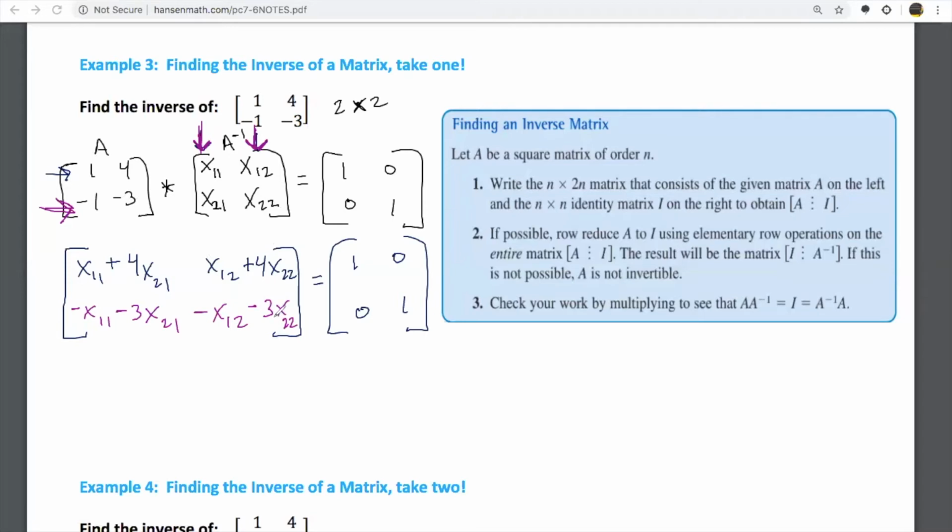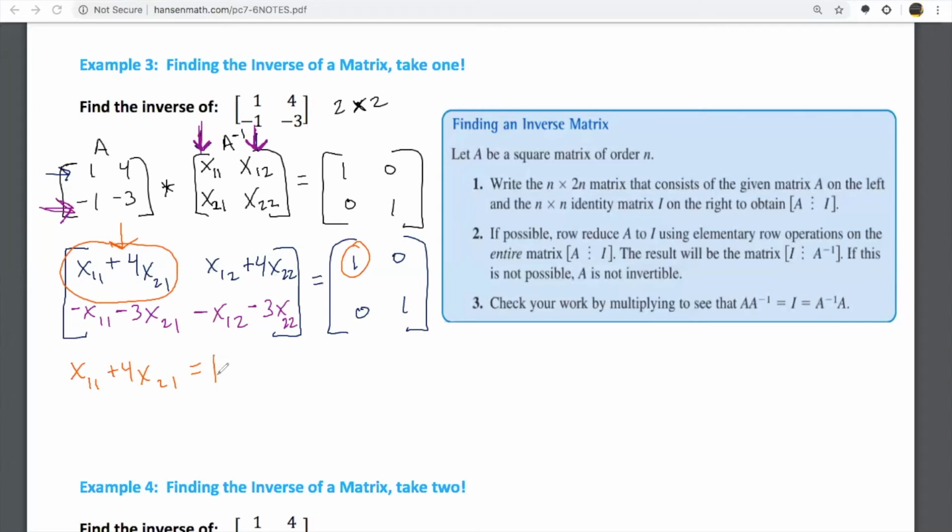Now, what this is going to allow us to do is have really a system of equations where I can set up the column 1 here and rewrite it. So I've got x11 plus 4x21, and that has to equal the matching element over here, because this element in row 1 column 1 has to be equal to this.